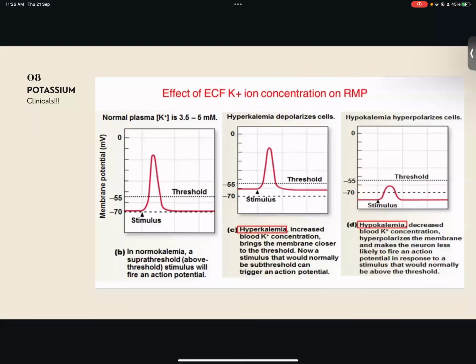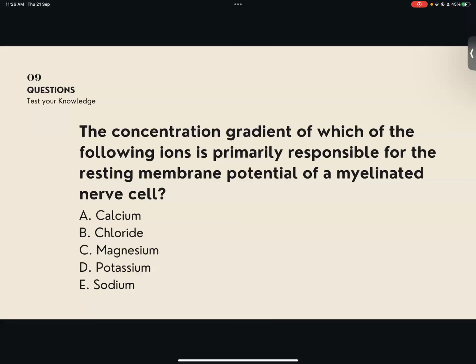In hypokalemia, you bring the membrane potential down, you'll make it more negative, and any stimulus that's usually strong enough to take that membrane to the threshold level and cause an action potential won't do that, because your membrane is more hyperpolarized. Okay, bit of a long one, I know.